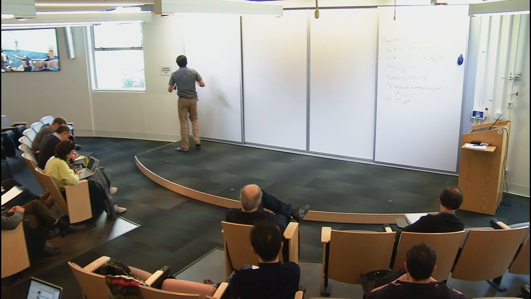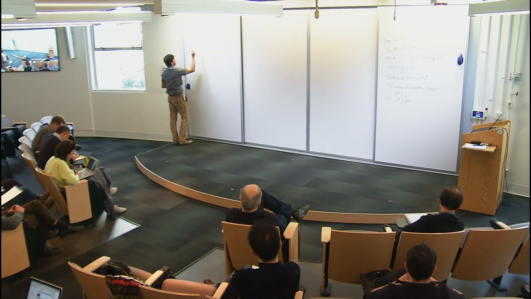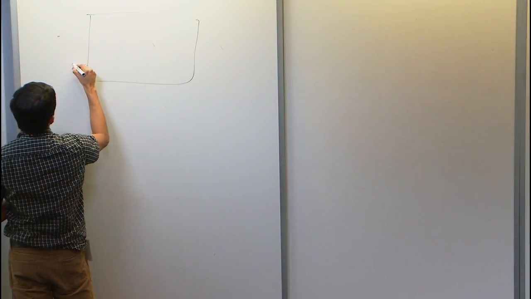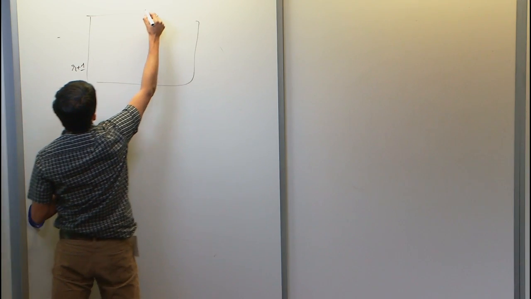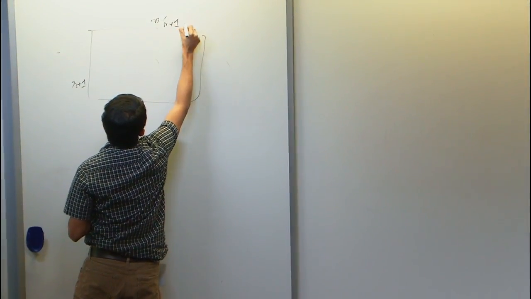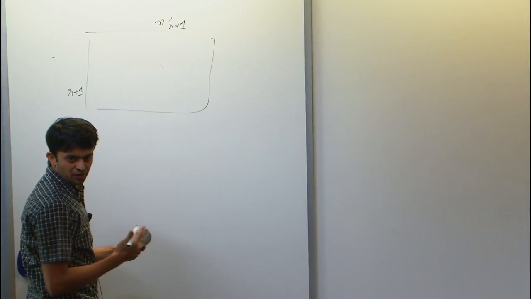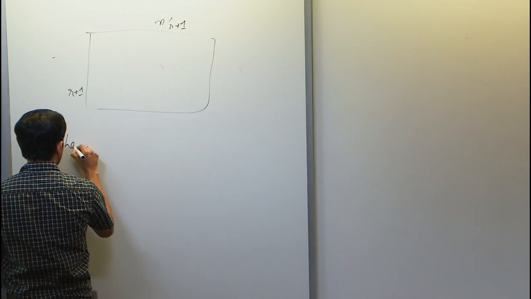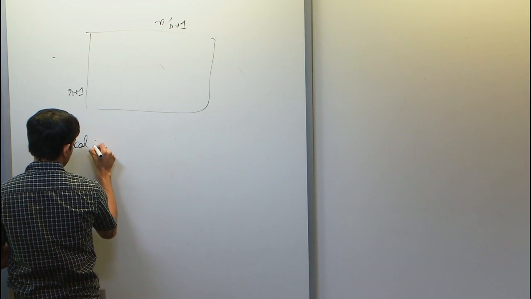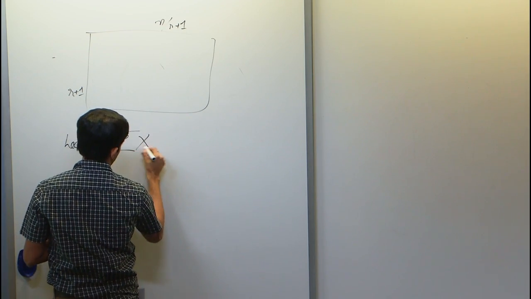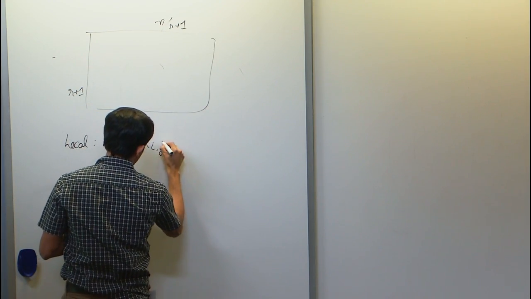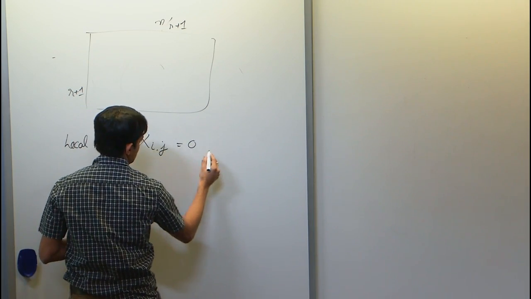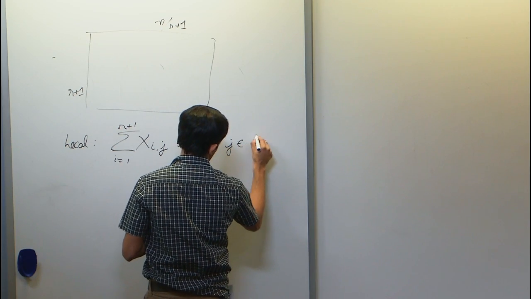Okay, so what is the problem that I'm trying to solve? I want to think of my symbols as arranged in an r plus 1 times n over r plus 1 grid. I want a code which has two kinds of equations. One is local parity checks on the column, which say summation of x_ij, i going from 1 through r plus 1, is equal to 0 for all columns.